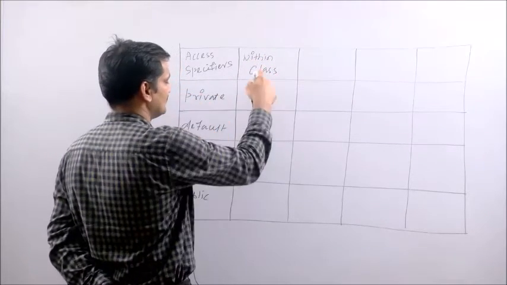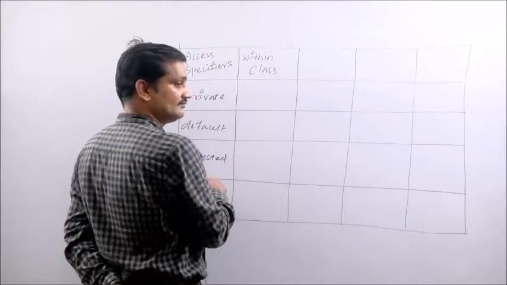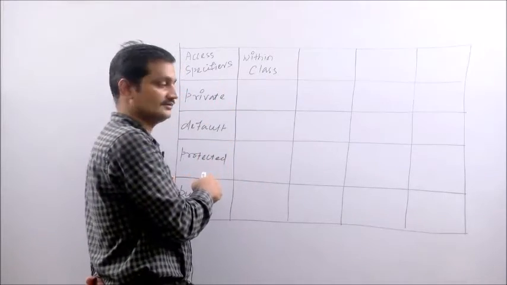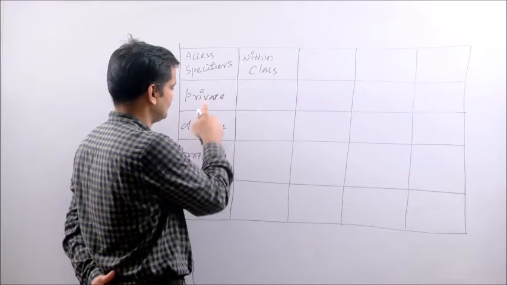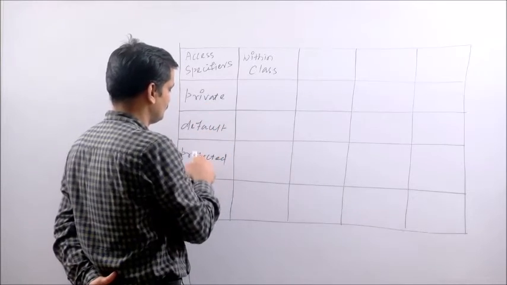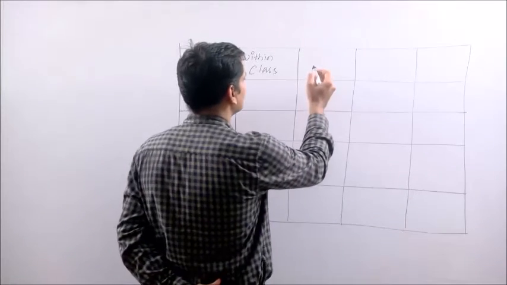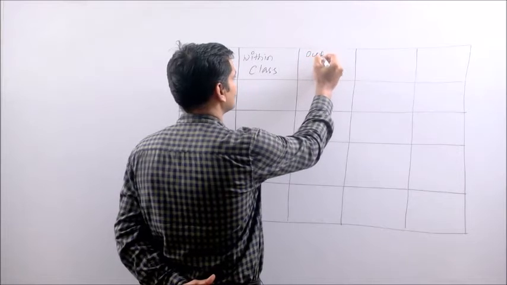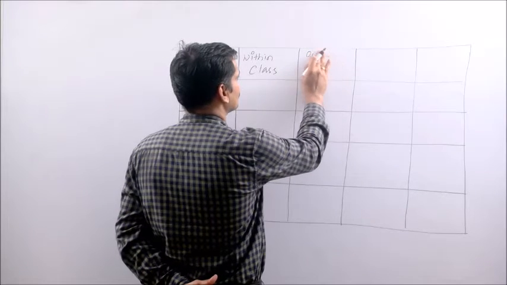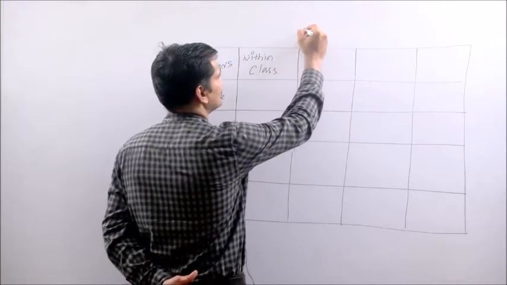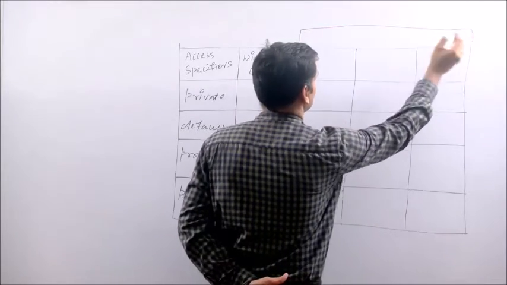This column describes within the class what the visibility, the accessibility, of each member is, if it is declared as private, default, protected or public. And outside class.